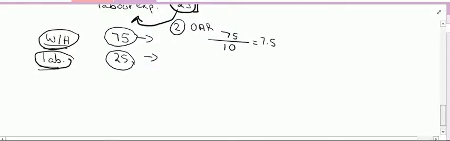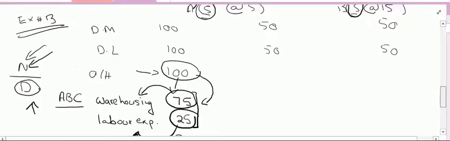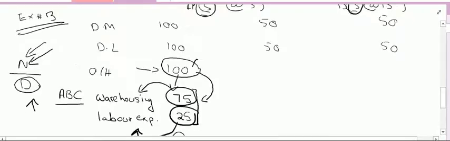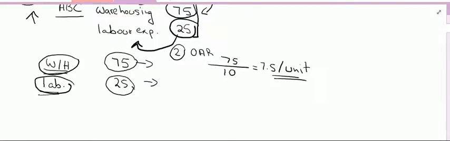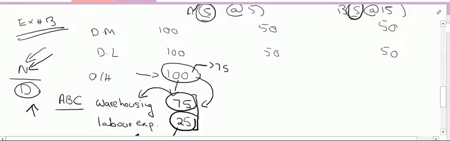And we should allocate overheads of 100 into two portions. Number one, 75 for warehousing, and this should be allocated on the basis of 7.5 per unit of each product, which will come out to be 37.5 for A, 7.5 into 5, and 37.5 for B, 7.5 into 5.